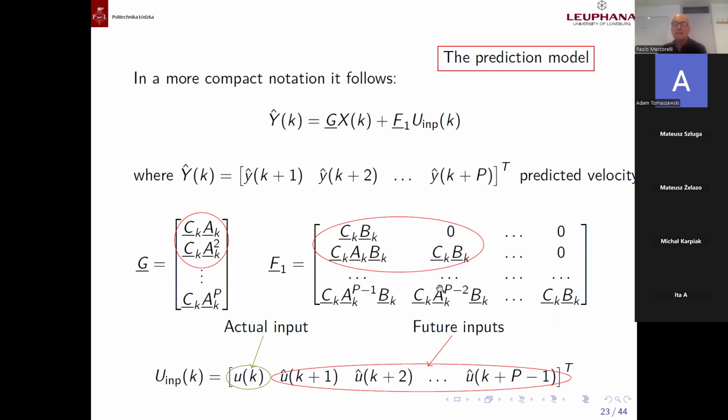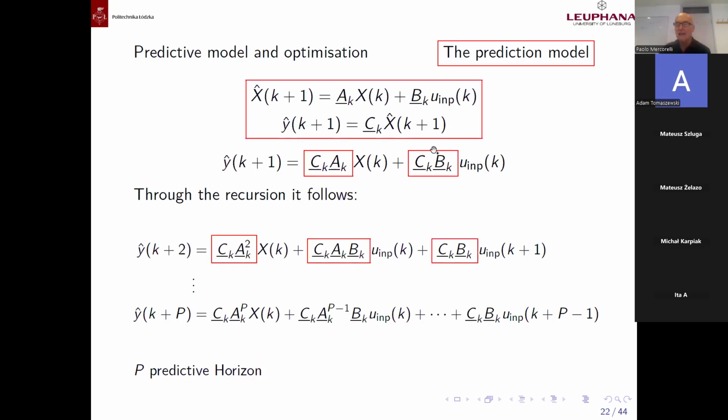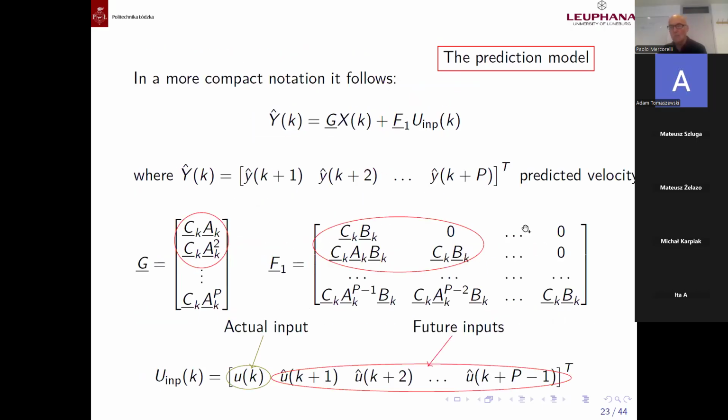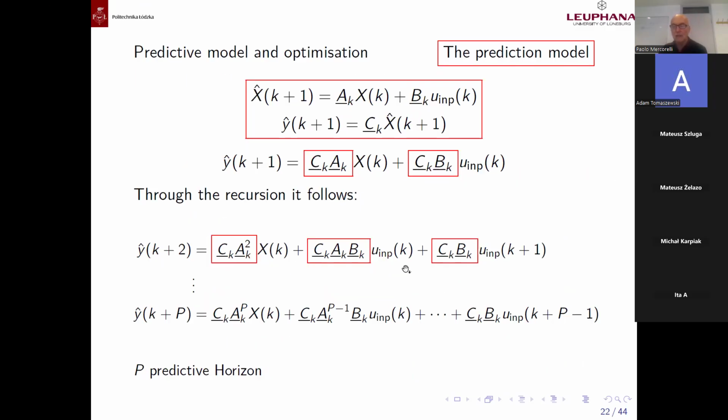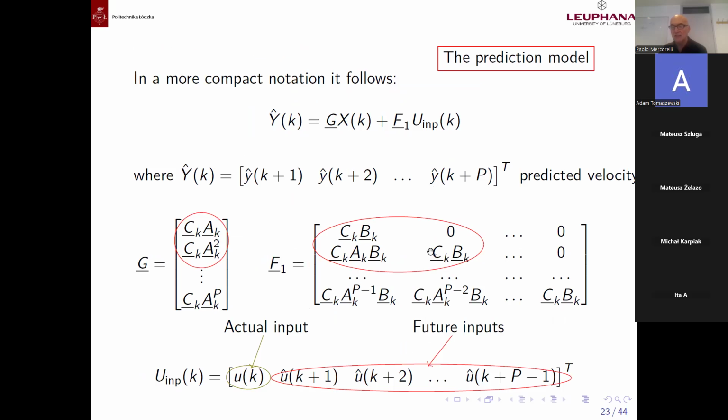The matrix F1 is everything which multiplies the column vector to give back the part related to the inputs. If you do row multiply column, in which the column, this one, we can see at the transposition, we will obtain from the first row multiplied by this column this element here, because the rest is all zero.